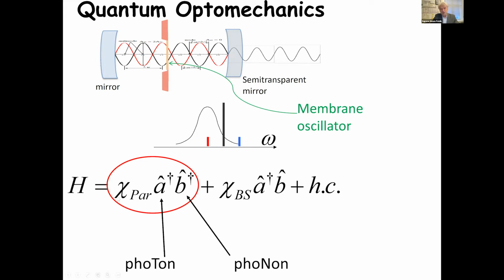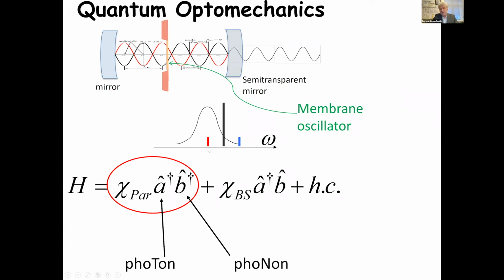So in the Hamiltonian of interaction, that means that I am scattering light and creating a single photon of the lower sideband, that one.